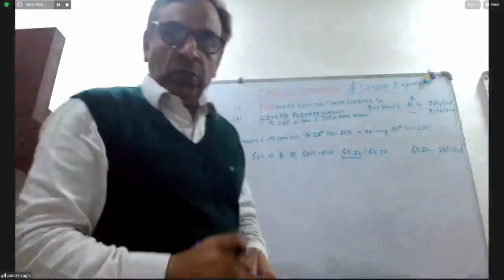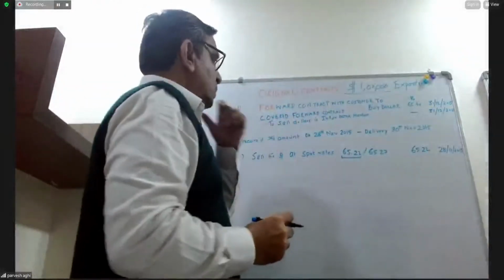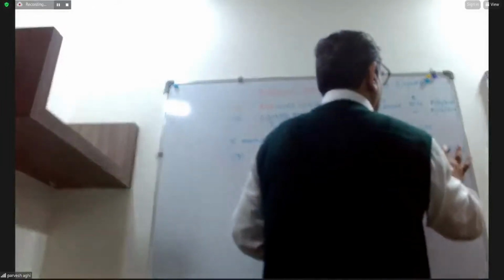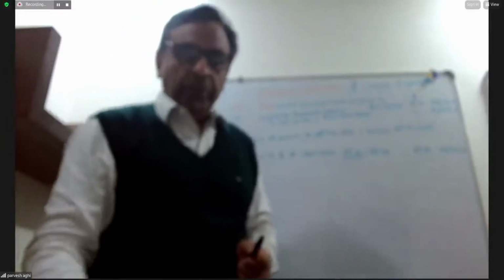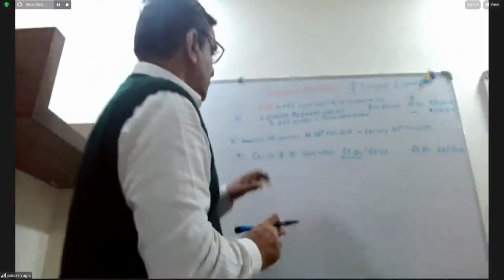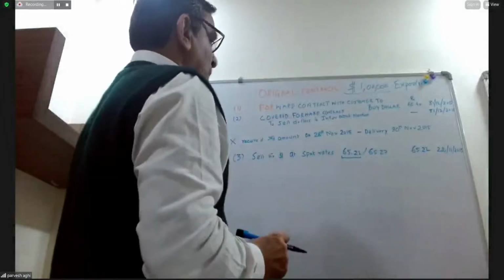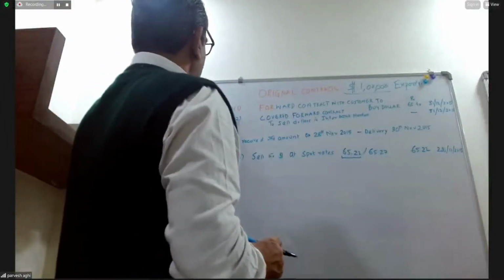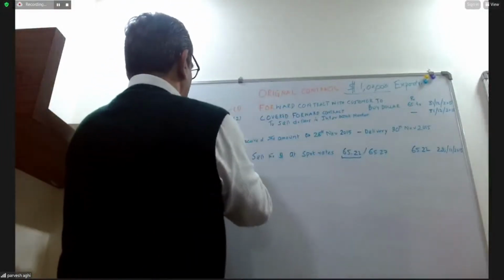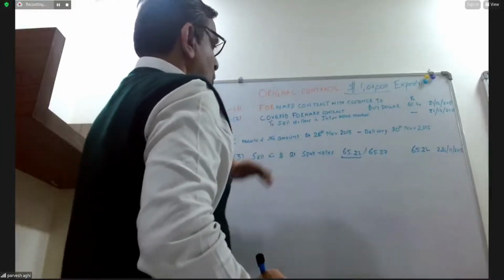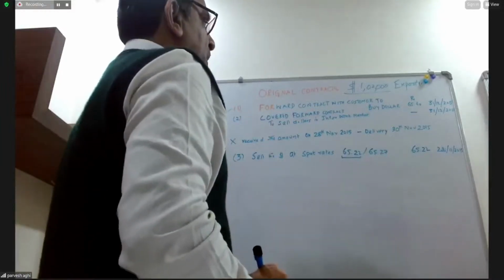This is the date when they're going to sell. It can be either 30th or 28th; you can put even 30th or whatever you want. So they're going to sell on 28th of November these dollars which they received from the customer. So this takes care of the first contract. They bought the dollars at 65 and sold them at 65.22.